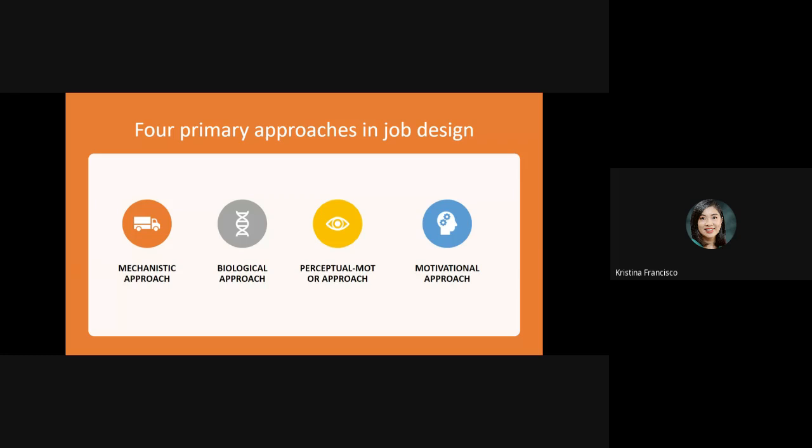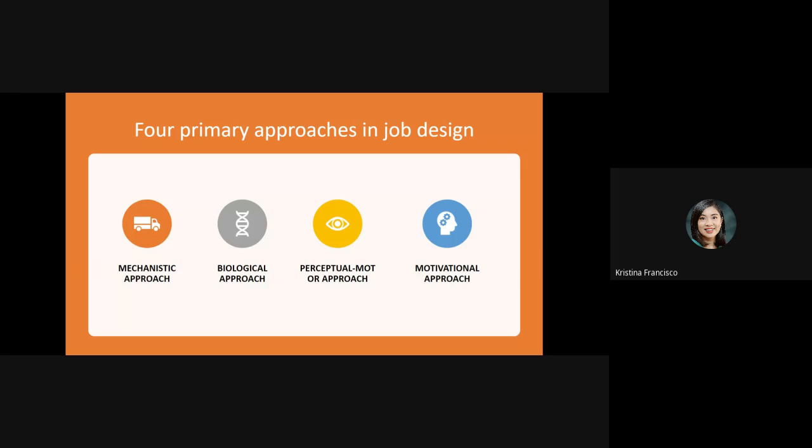Okay? So, in practice, let's go back a little bit to this. Job design often blends different approaches to address both the efficiency and well-being of employees, providing a more holistic solution. Here's how these approaches can be integrated with what we have discussed so far.